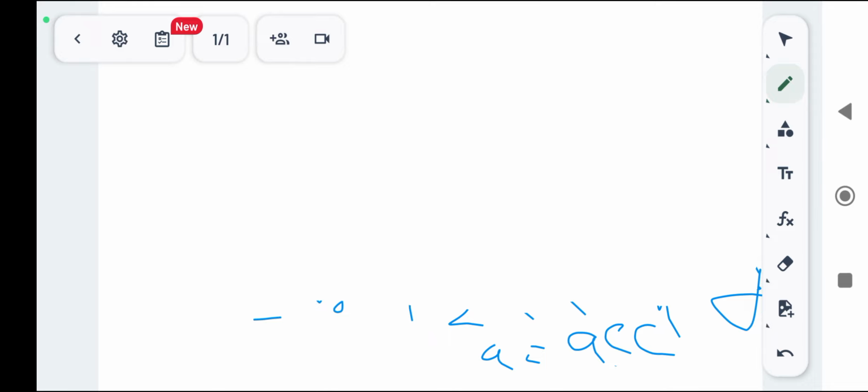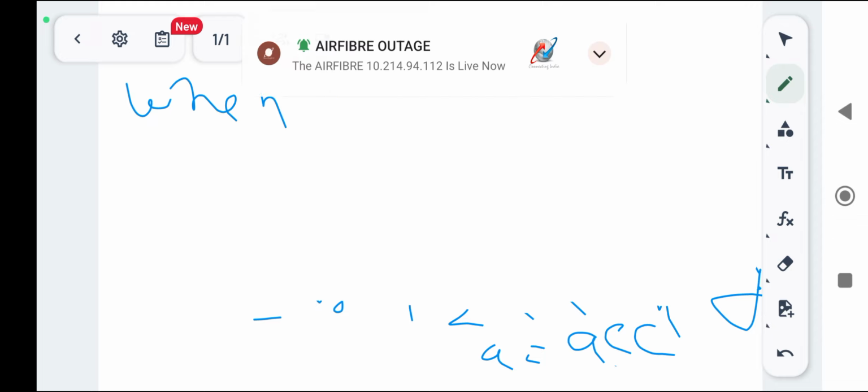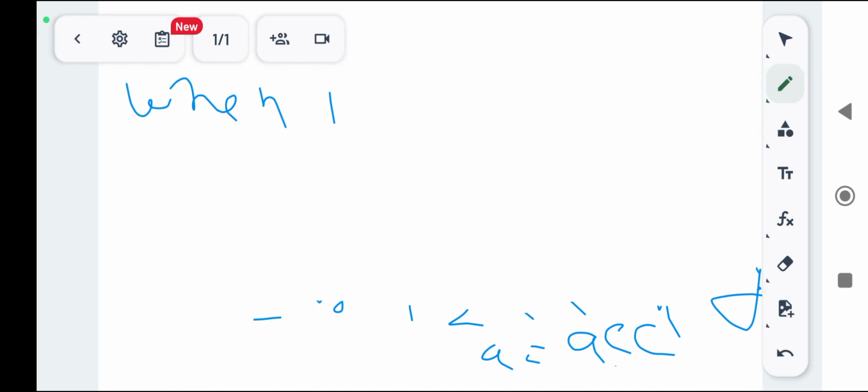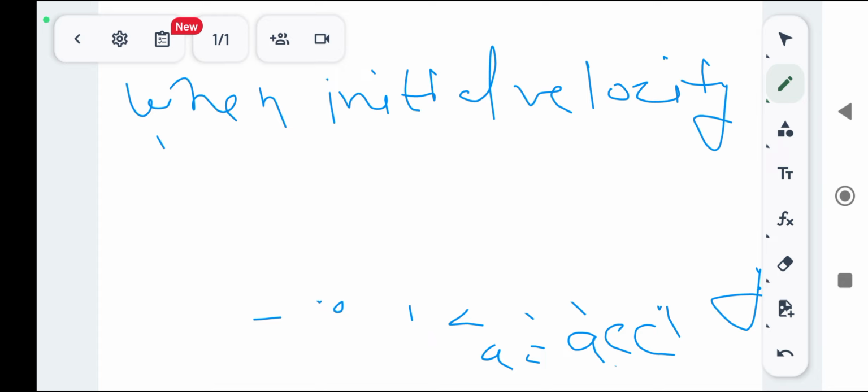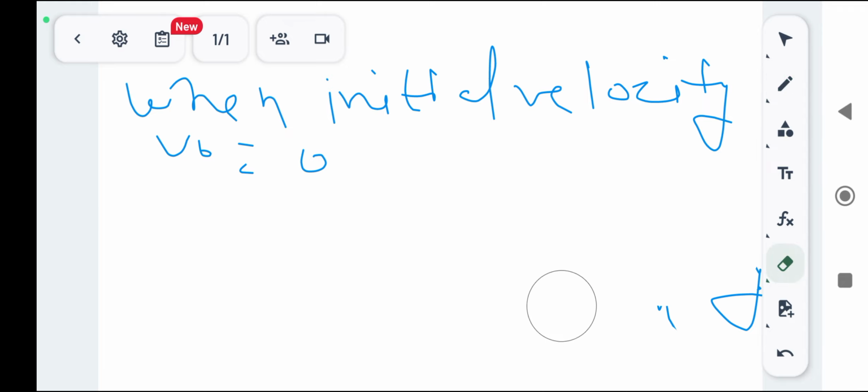Let's say the initial velocity is 0. When initial velocity v0 is equal to 0, then what happened? Then first kinematic equation is v is equal to at.